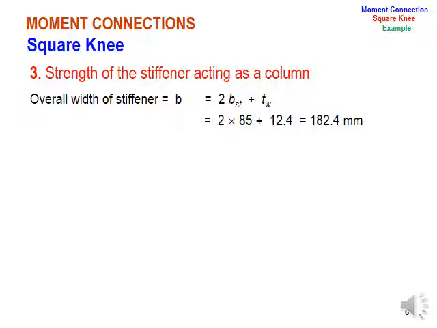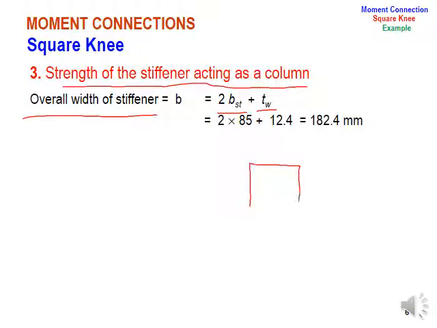Next step is you have to check the strength of the stiffener acting as a column. So overall width of the stiffener will be equal to 2BST plus TW. So what does it mean? Once you are providing a diagonal stiffener for the knee connection, then if you see from the front side, this dimension of this plate is equal to the thickness of your stiffener.